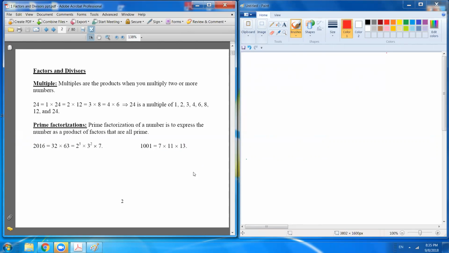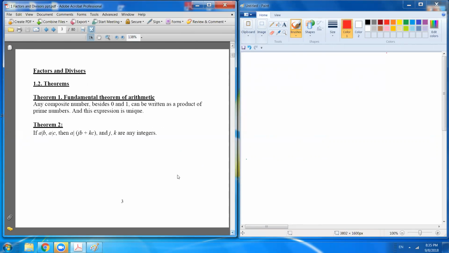Now we go to the first theorem. The first theorem has a very big name, the fundamental theorem of arithmetic. But we do not really use this one to solve any problem, okay? In problem solving, we do not use that. But why are we showing it here? Because it tells you something.